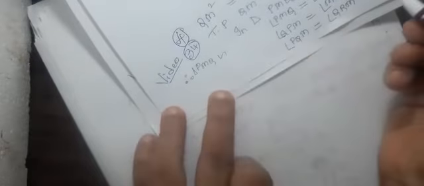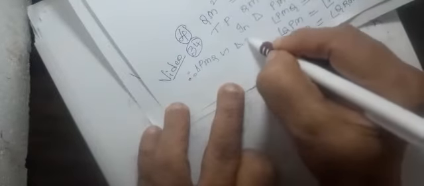See this one, PQM is equal to this angle. I have shown all the angles which are equal, so I'll write here at the side. Therefore, right angle triangle PMQ is similar to right angle triangle QMR.